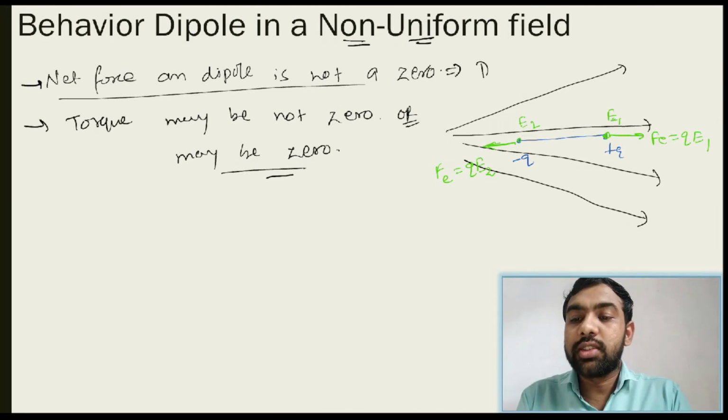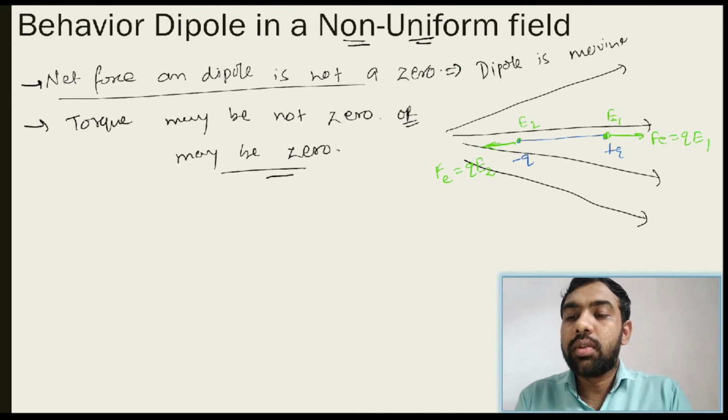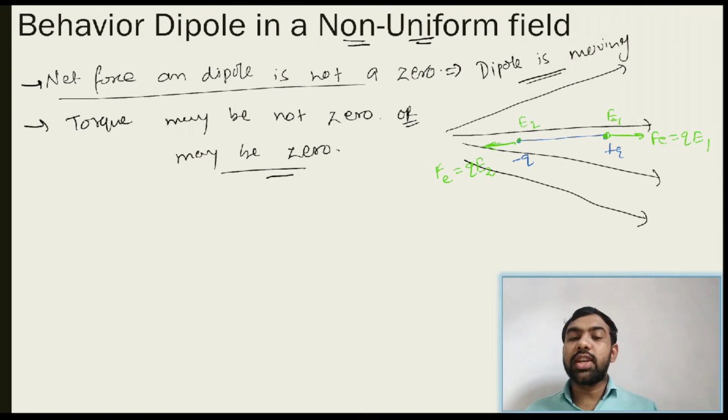Whether it rotates or not depends on torque. If torque is applied, then the dipole rotates and moves both. In case of uniform electric field, the dipole only rotates, never moves. Why? Because net force is zero. So here the dipole is moving with some acceleration.